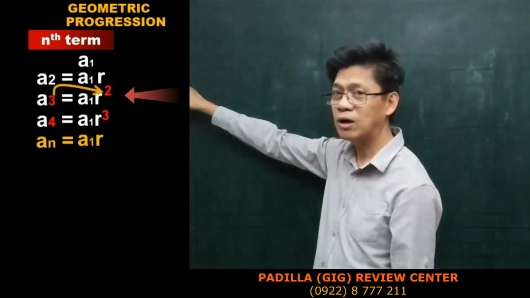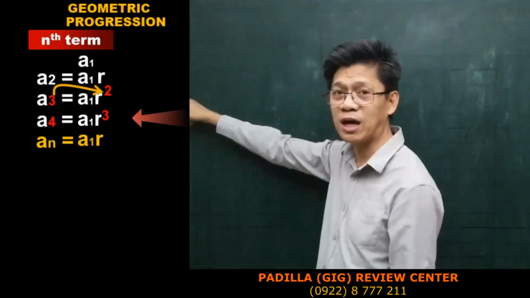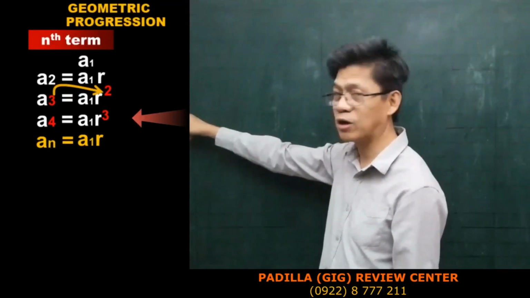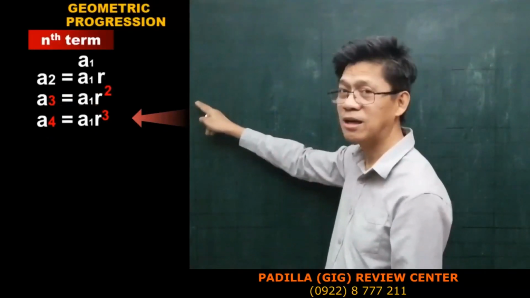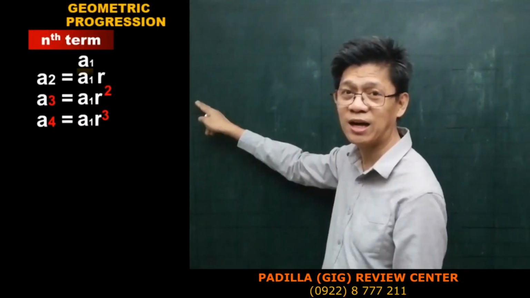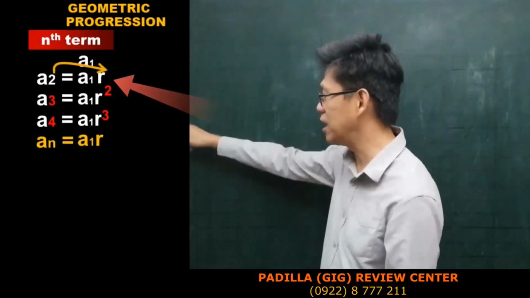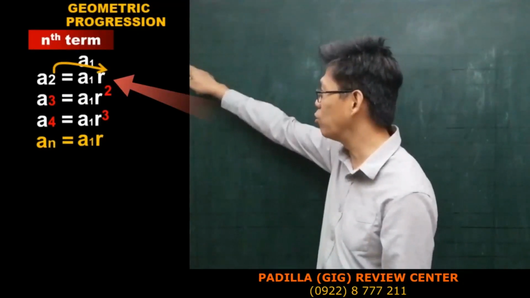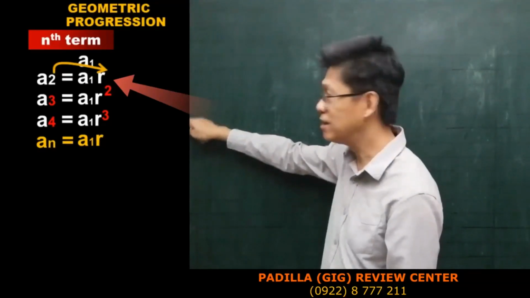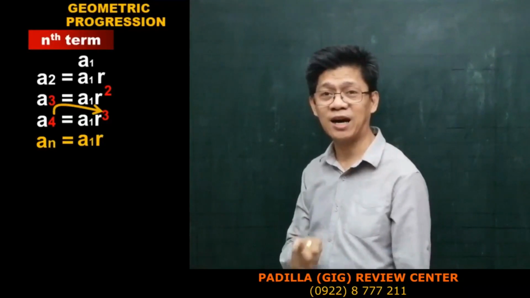So pag 2, exponent ng r is 1, pagka 3, exponent ng r is 2, pagka 4, exponent ng r is 3. Lagi lang mas mababa ng 1 yung exponent ng r. So we can now derive yung formula ng An. There is always A1 in the formula, there is always r. Nagkakaiba lang sa exponent ng r.